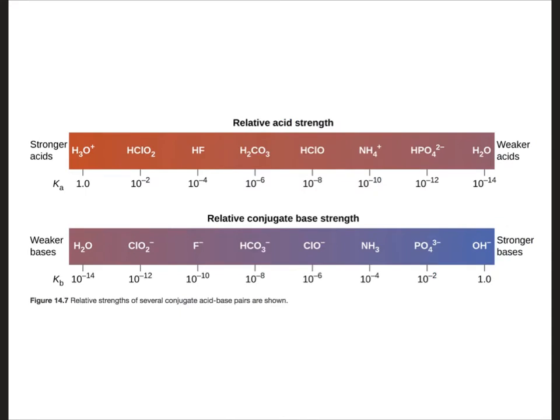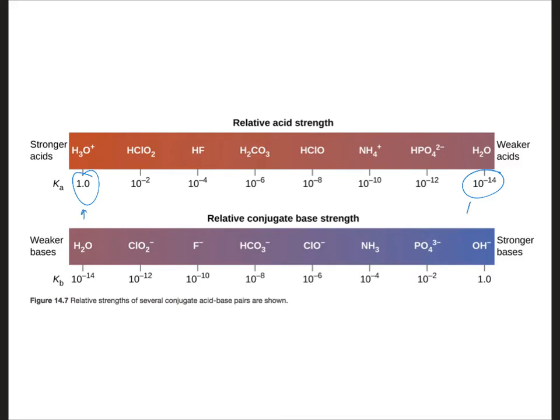So if we look at a scale of acid strength, let's just look at the top here, our super strong acids are going to have a Ka that is close to 1, right? So that was similar to what we saw earlier. And then our weak acids are going to have a Ka that is down around 10 to the minus 14. So that's telling us that it's a very, very small number. If we have a Ka that is closer to 1, that's going to be stronger.